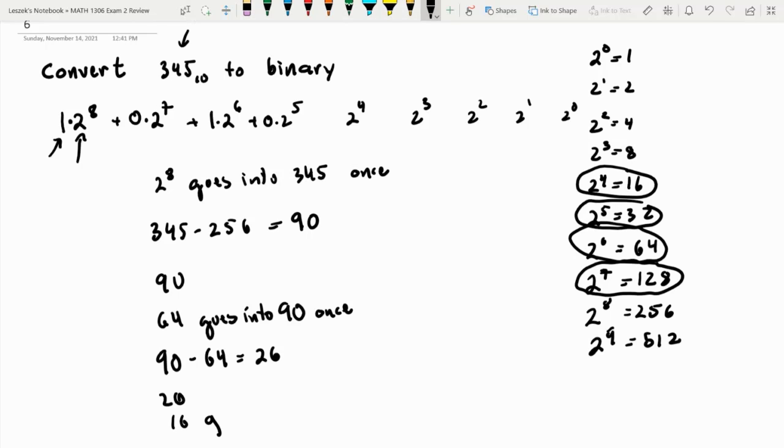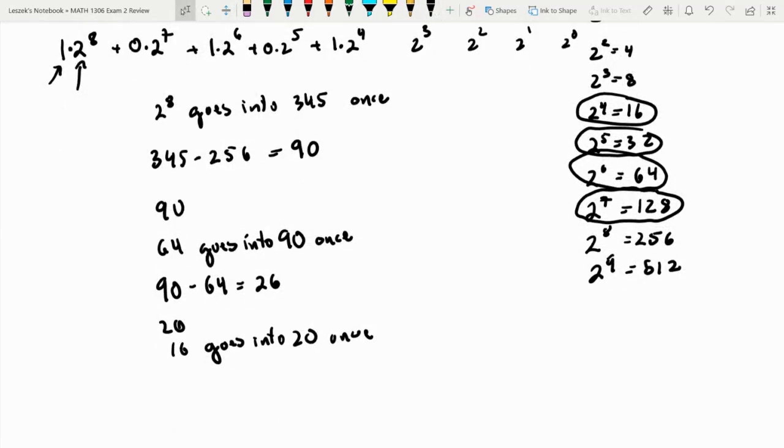So 16 goes into 25 once, right? So we'll go ahead and indicate that by adding one of those. Let's update our number. That's 9.